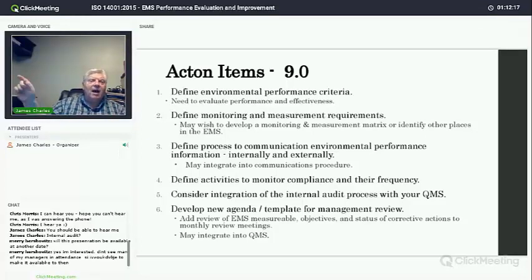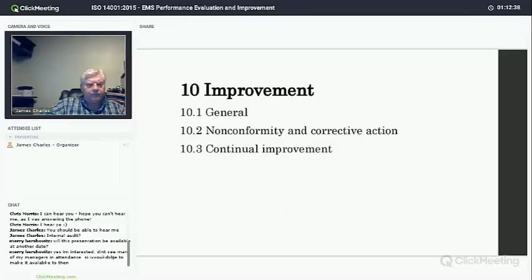Define the process for monitoring compliance and how we are maintaining our knowledge of our compliance status. A good place for integration is internal audit, so please look at that and develop a new agenda and template for your management review to make sure you've captured all the required inputs and outputs.